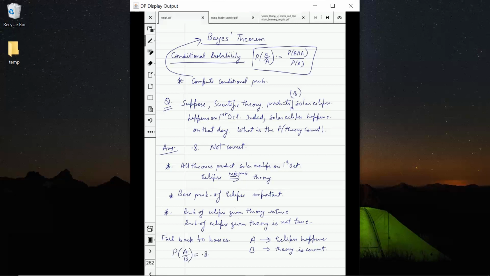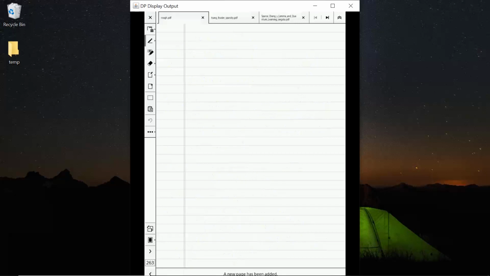But what we are asked is probability of B given A. This is the question which we have to solve. Remember, the question is: given probability of A given B, how to calculate P of B given A. And this is essentially Bayes theorem. So let us derive it.